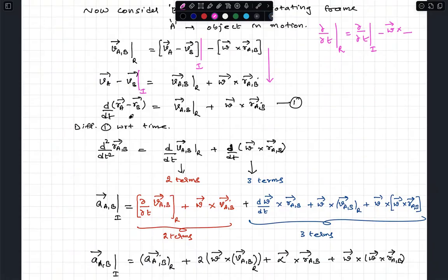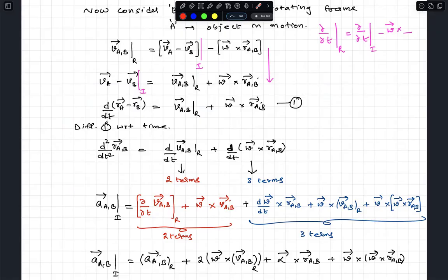Now you do it, please. I can write this in this way also, no? VA bar minus VB bar is nothing but d by dt of RA bar minus RB bar. This is VAB R plus omega bar cross RAB. Now you do this one differentiation with respect to time again.